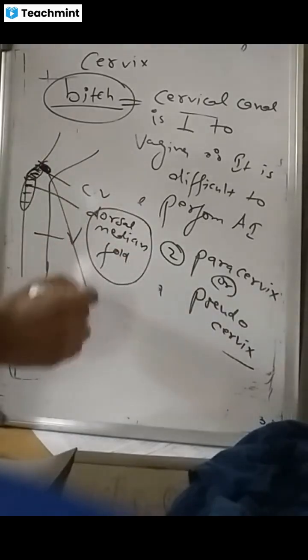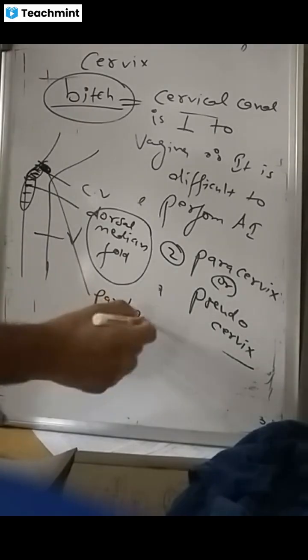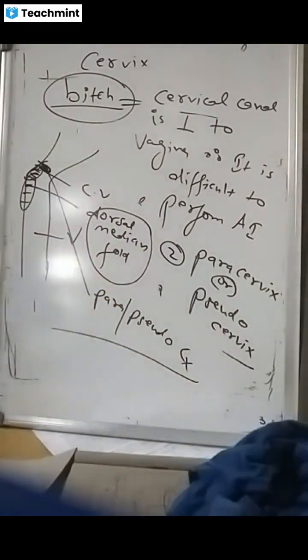This is known as para or pseudo cervix. These are the cervix species differences.